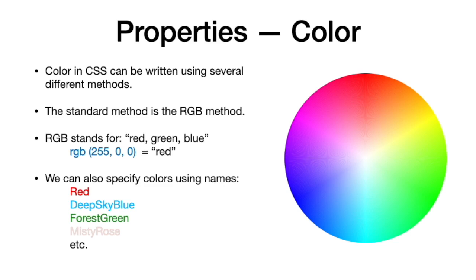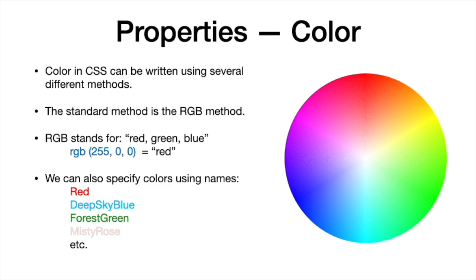Parts are generally given by using a 1-byte number. So maximum red would be 255, and minimum number would be 0. So we can specify red by giving the value of RGB 255, 0, 0.